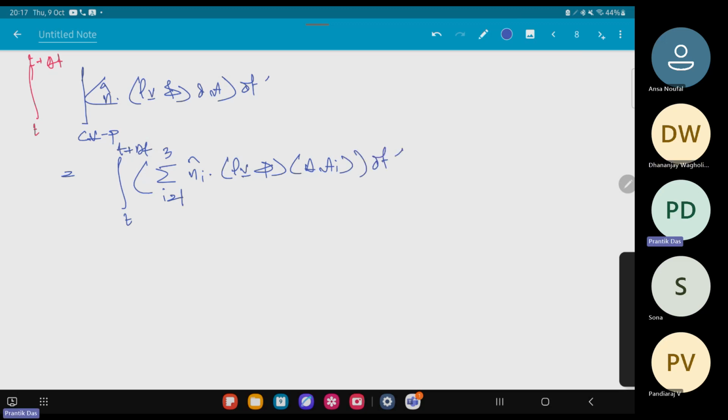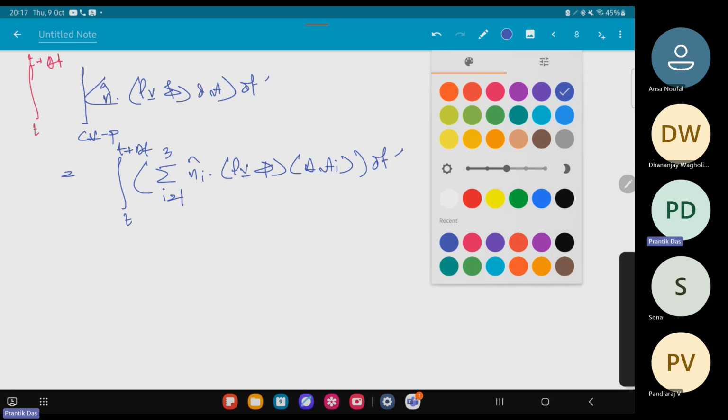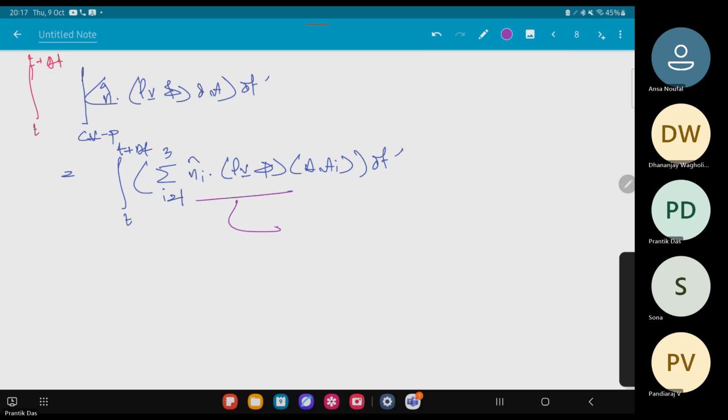So now we are considering n cap dot rho v phi, assuming, or you don't have to go, you can go for that approximation later on.